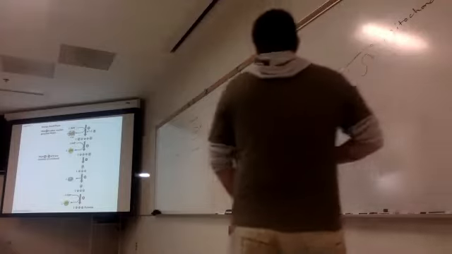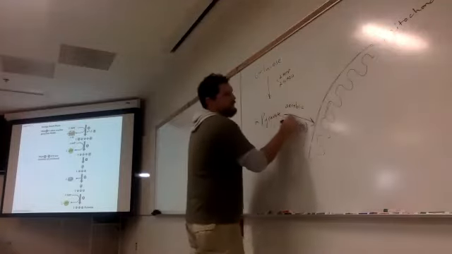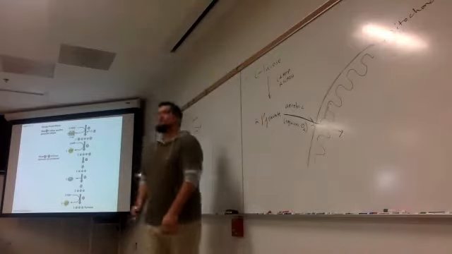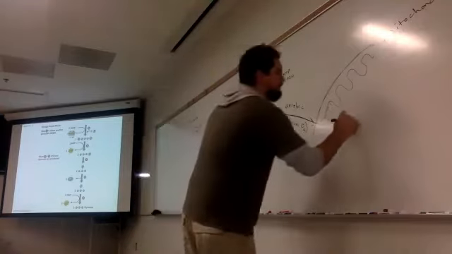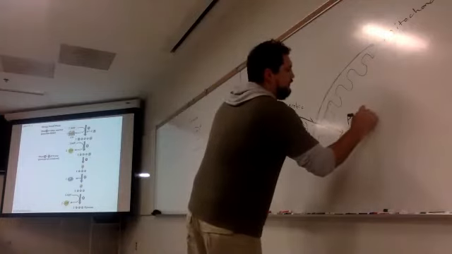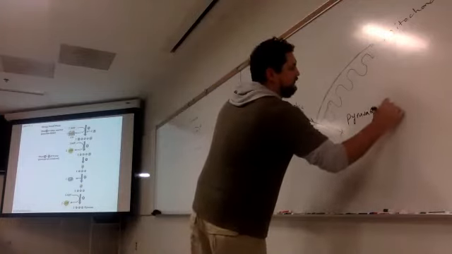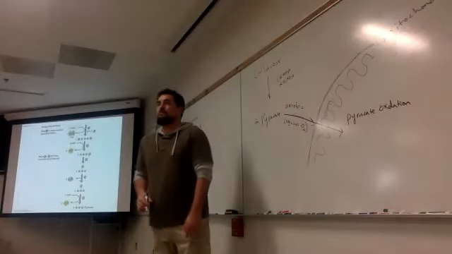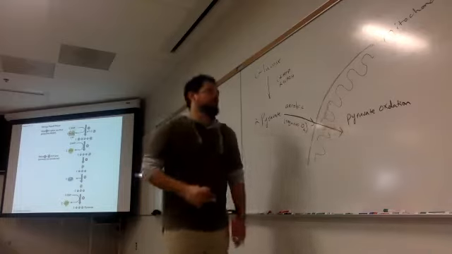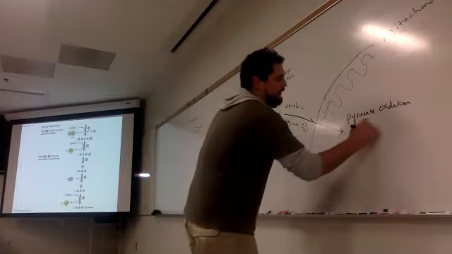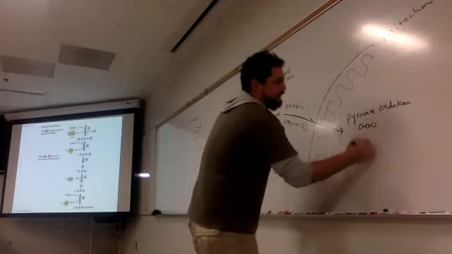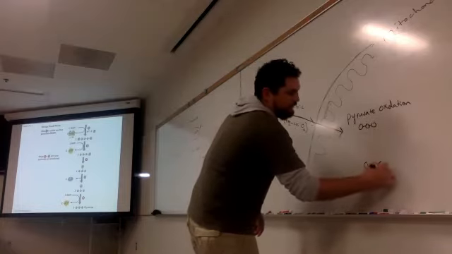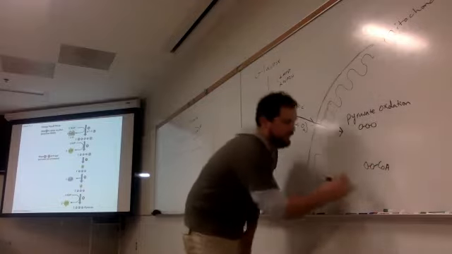But once the pyruvate gets shuttled into the mitochondria, it undergoes what? Pyruvate oxidation. That's right. Which involves carbon dioxide. So you take a 3-carbon molecule like pyruvate, it becomes a 2-carbon molecule with a coenzyme A called acetyl-CoA.